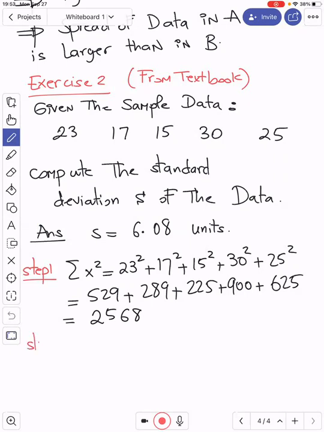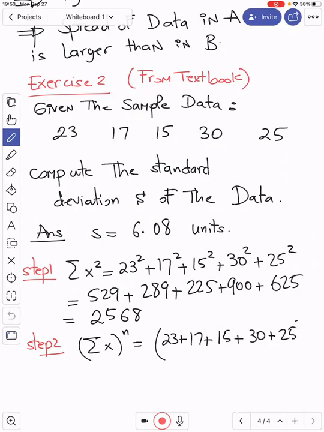Step number 2. We need the square of the sum. That would be 23 plus 17 plus 15 plus 30 plus 25, and then the whole thing squared. So 23 plus 17, that's 40, plus 15, that's 55. What's the answer? 110, thank you, I appreciate it.